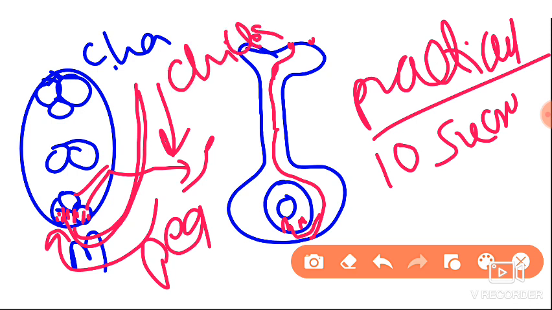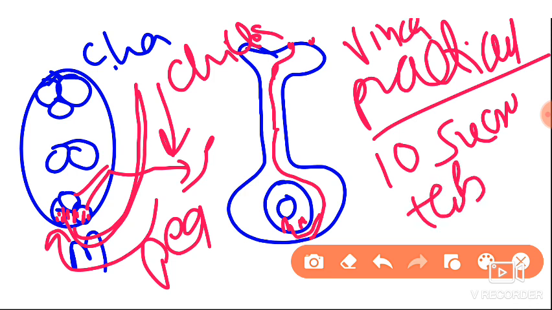We can take Vinca rosea and hibiscus. Commonly we find hibiscus and Vinca rosea, and Vinca rosea is the easier one that we will see in the practical.